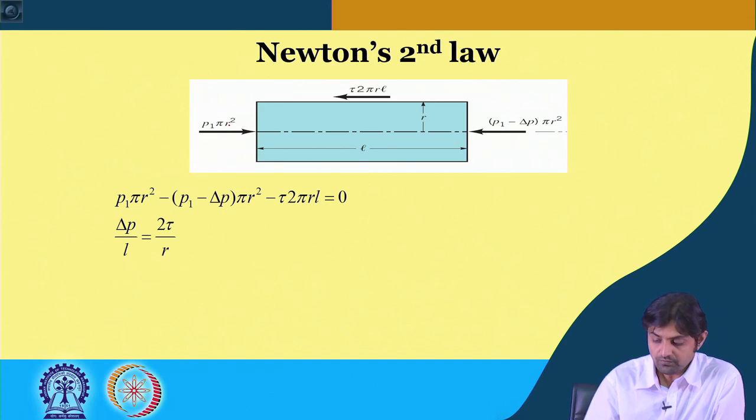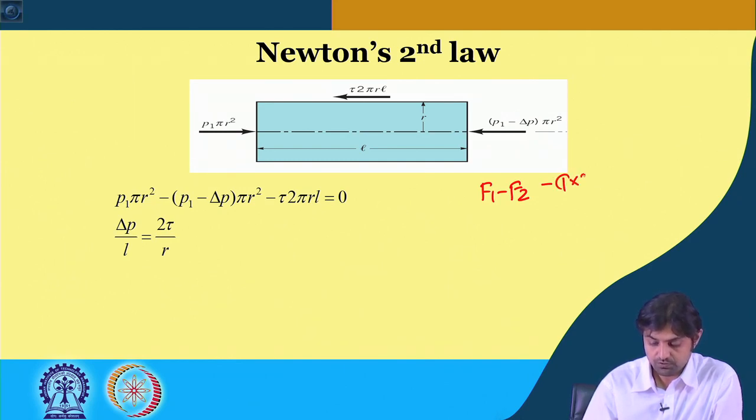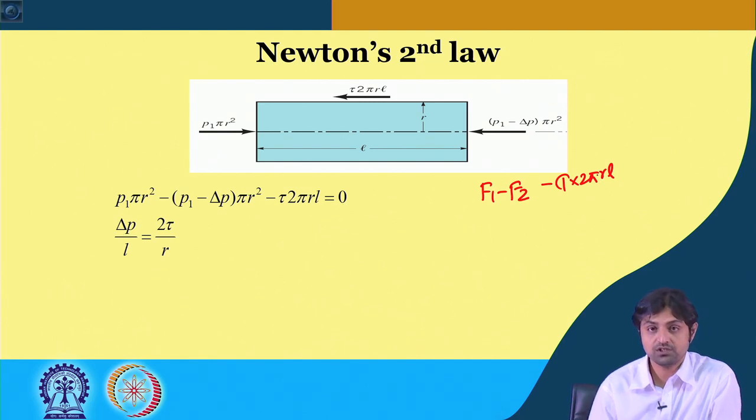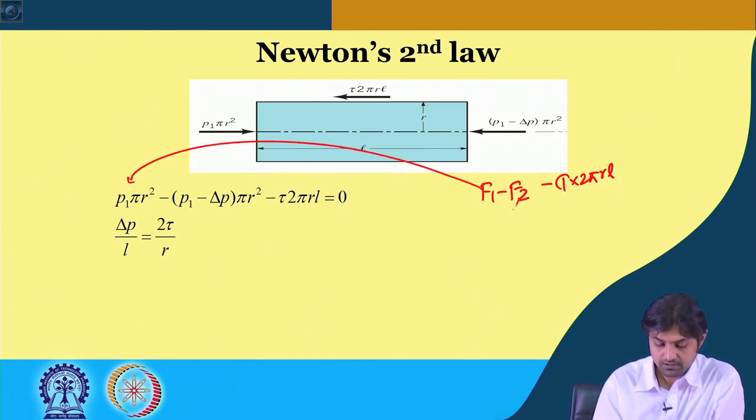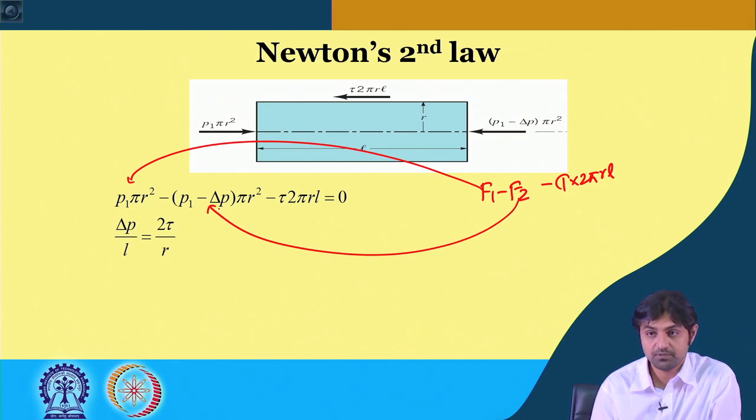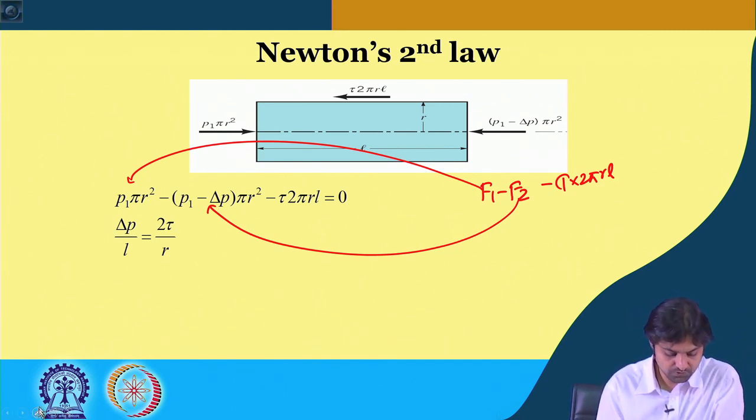All right. So, the equation is going to be F1 minus F2 minus tau into 2 pi rL, because this shear stress will be acting on the entire cylindrical perimeter. F1 is P1 pi r square, F2 is P1 minus delta P into pi r square, minus tau into 2 pi rL is equal to 0.